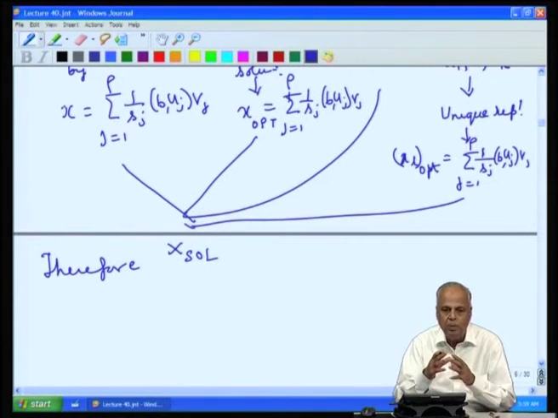When I say best possible, I mean it is either a solution, and if you can't find a solution, a least square solution, and if there are many solutions, the one that has the least length.